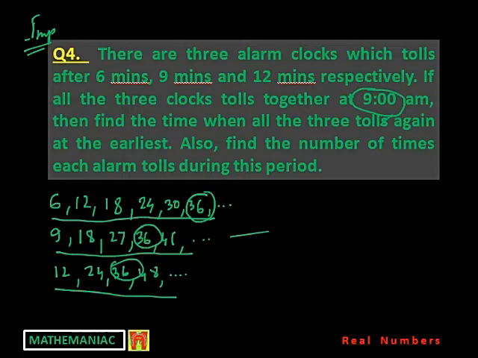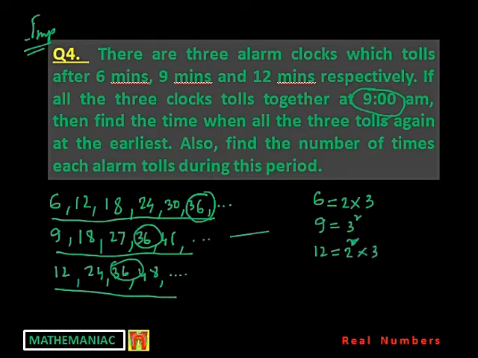Then you find the LCM, right? Now for LCM, I'll take this problem only. How to find the LCM by the prime factorization method. For finding the LCM, you do the prime factorization of these numbers like this.